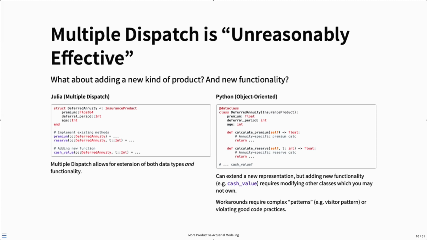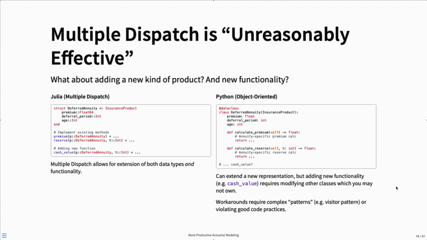So returning to the example, to add a new object for deferred annuities in Python, we would define a new class, deferred annuity, which has similar data types as, say, whole life, but we have a new method that we want to implement, cash value.